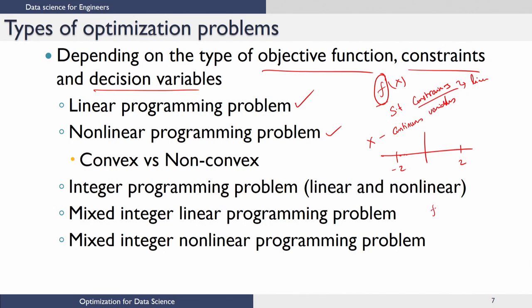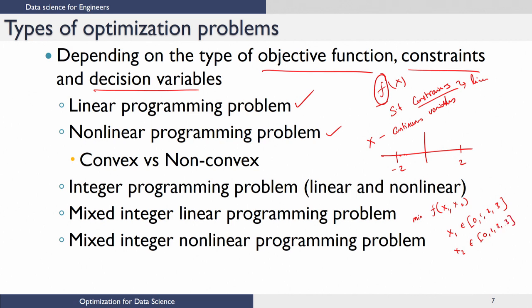So, for example, I could have an optimization problem where I have f as a function of, let us say, two variables x1 and x2, and I could say minimize this. Now, I could say x1 is not continuous, but x1 has to take a value, let us say, from the integer set 0, 1, 2, 3, and so on, and x2 also has to take a value in this set.